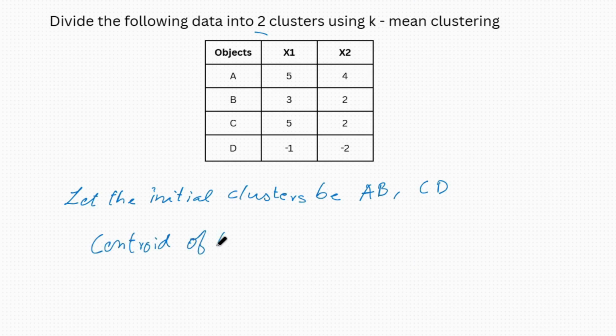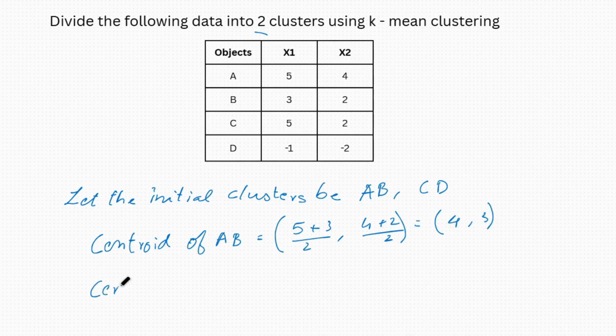Centroid of AB is equal to (5 plus 3) by 2, (4 plus 2) by 2, which is equal to 4, 3.